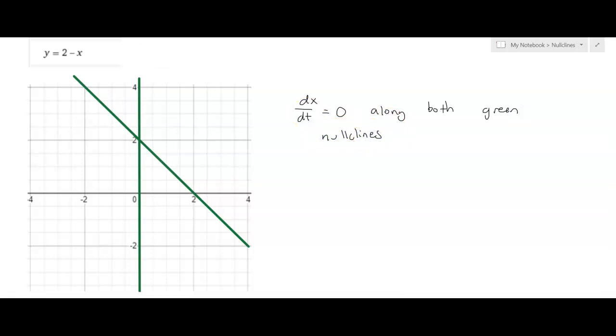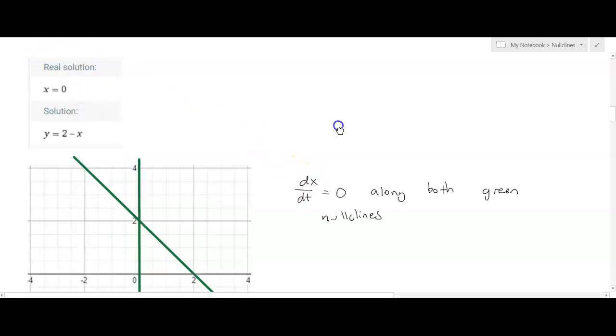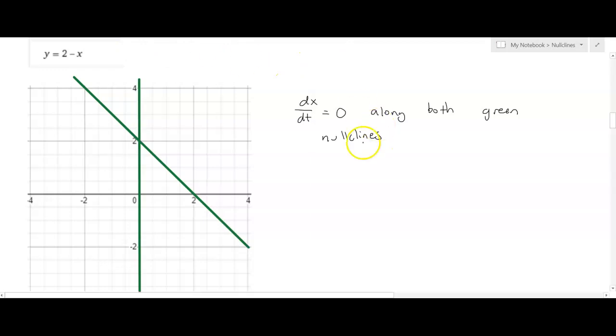And by the way, up here, we could just check. You could see that if you plug in 2 minus x for y here and do some distribution, that will all 0 out. So I encourage you to do that. And so along both green Nullclines, dx dt is 0, which basically means that, remember, dx dt either points right or has a left pointing component.